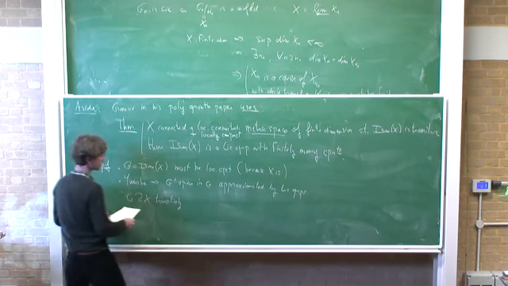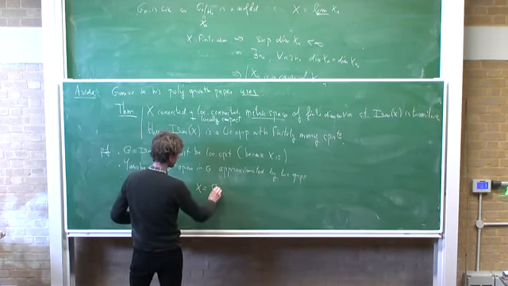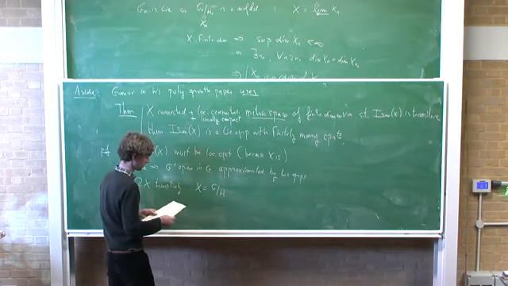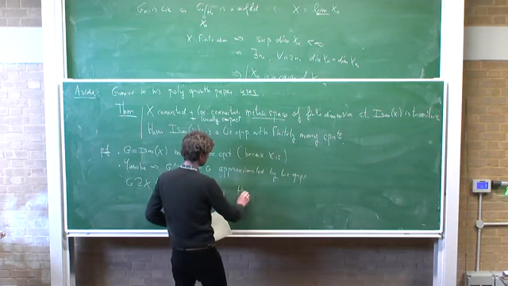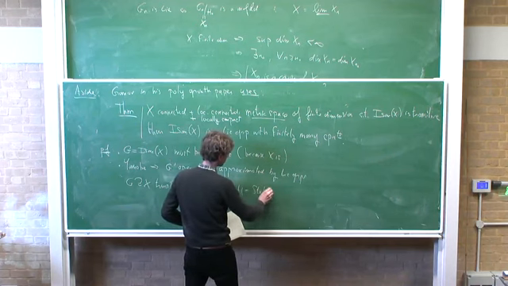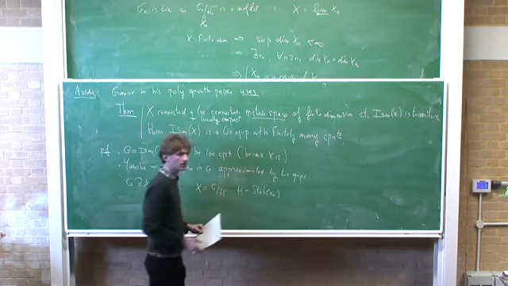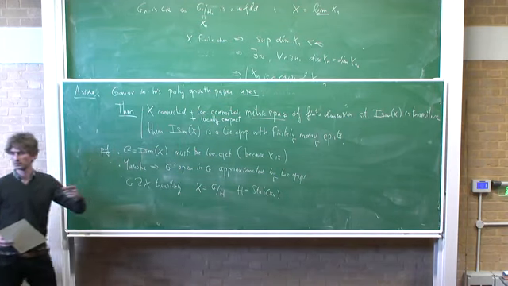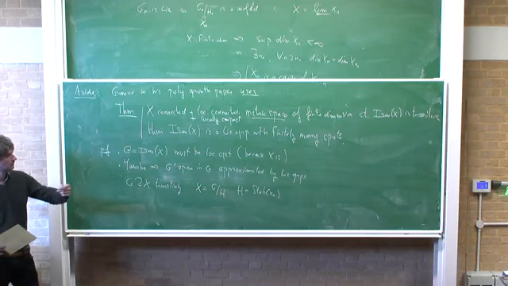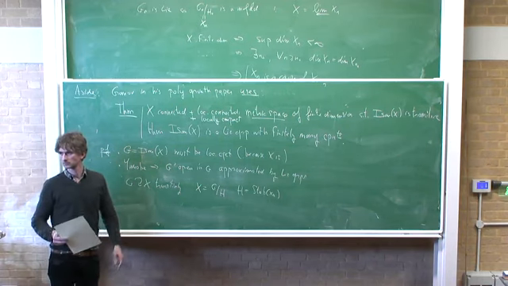So you can write X as some G mod H, where H is a stabilizer of a point. Then you argue that because it preserves the metric, H must be compact.